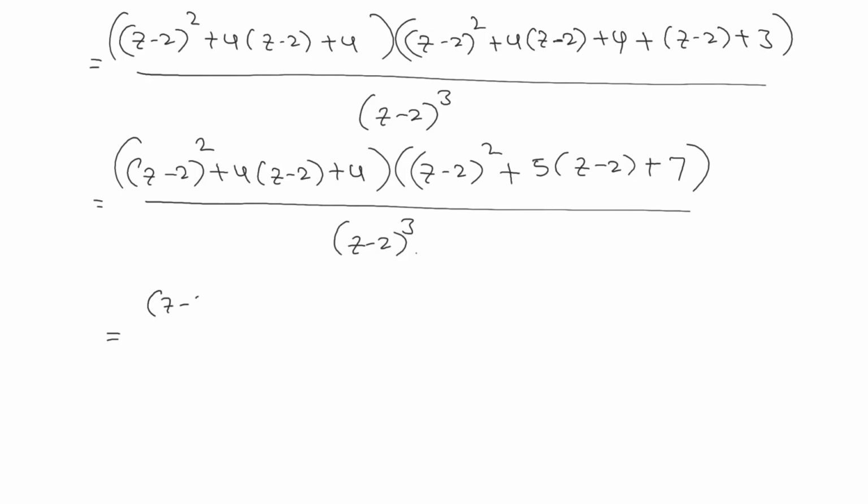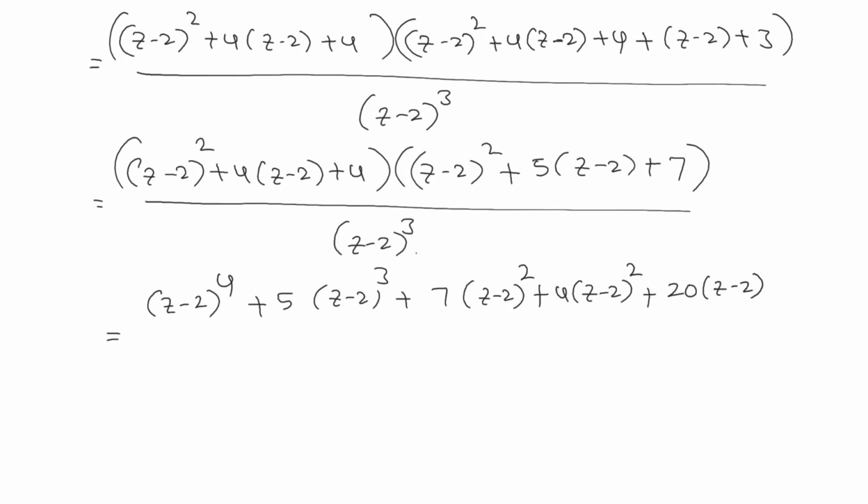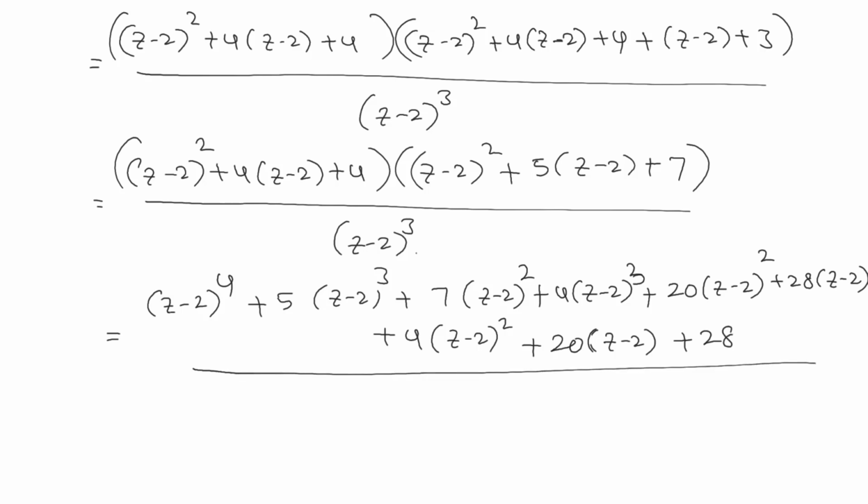So in total we get this as (z minus 2) to the power of 4 plus 5 times (z minus 2) whole cube plus 7 times (z minus 2) whole square, plus 4 times (z minus 2) whole cube and 20 times (z minus 2) whole square plus 28 times (z minus 2) plus 4 times (z minus 2) whole square plus 20 times (z minus 2) plus 28, divided by (z minus 2) whole cube.